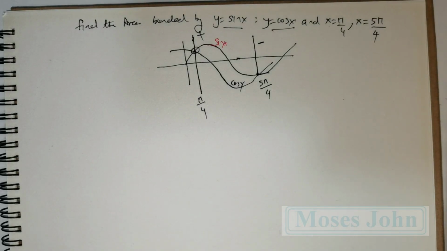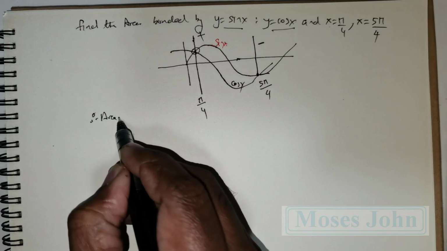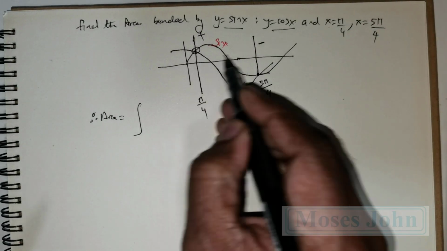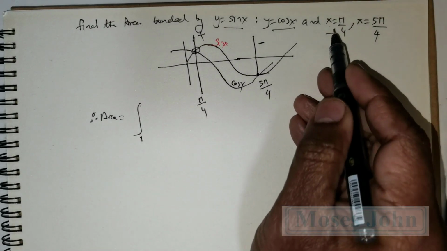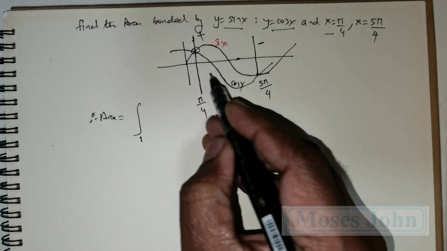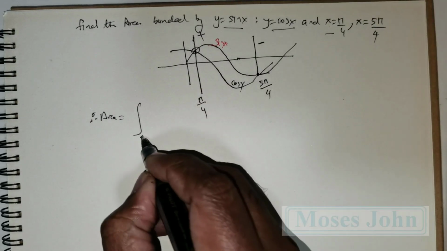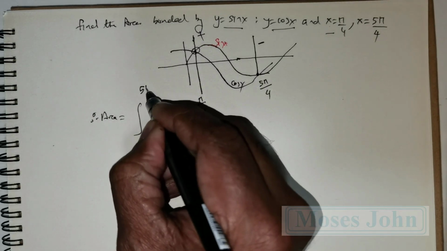Okay, so the required area, therefore, would be an integral. Now you are actually taking x values from the 2 points of intersection. So that will be pi over 4 to 5 pi over 4.